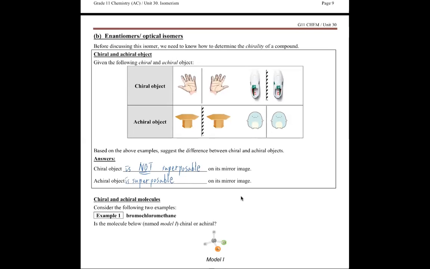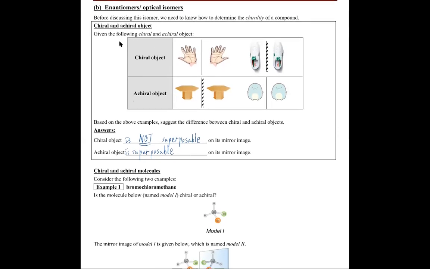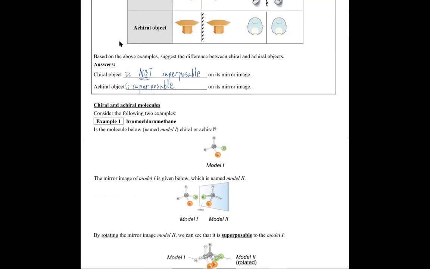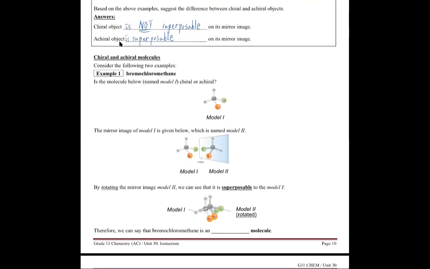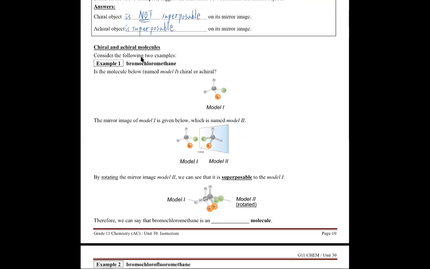Those are the objects that we come across in our daily life. How about we apply the same rules onto the molecules? If we scroll down a little bit, we've got the first example, bromochloromethane. Here is a model. A lot of the time, if we just draw the structure in a 2D way, flat, we can't see the real structure.